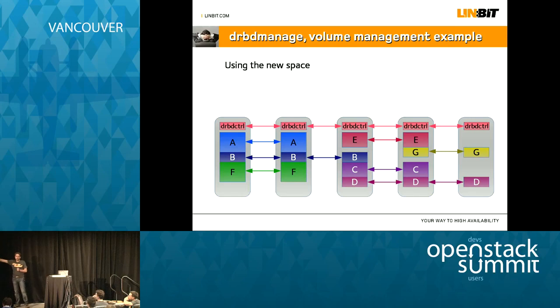The whole setup works as long as one of your nodes that has a control volume survives. Only one is needed. So the idea is you have your many thousand nodes and put one node with a control volume in each of those racks. You need one of them to survive, and the whole system will survive. So this is the idea. I really need to draw a picture of that.